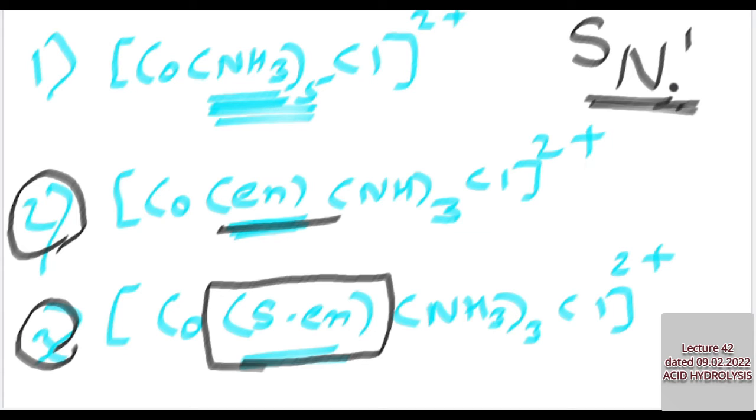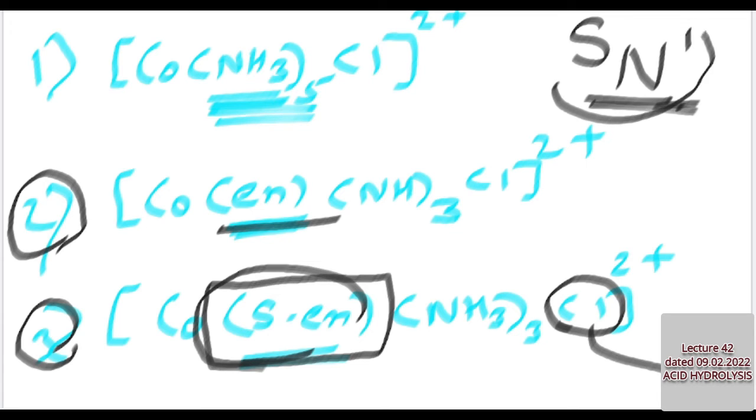Right, absolutely. See, here the substituted ethylene diamines are bulkier and larger, more crowding is there, more space is occupied. So what will be easy? Easy will be the removal of the chloride ion that we want in this SN1 mechanism as the rate determining step, the dissociative mechanism.